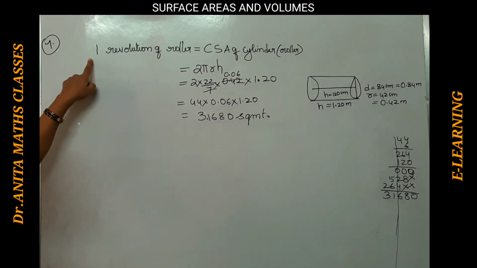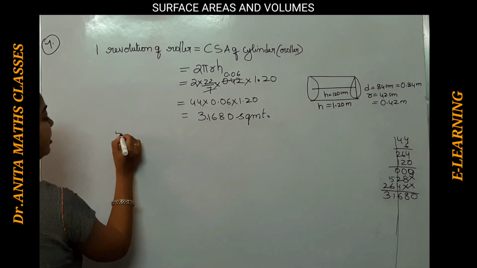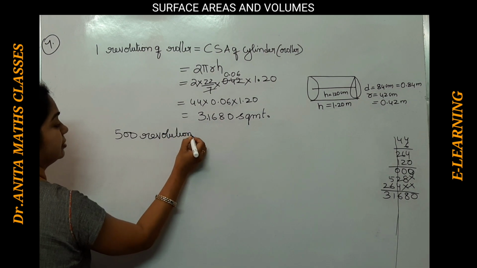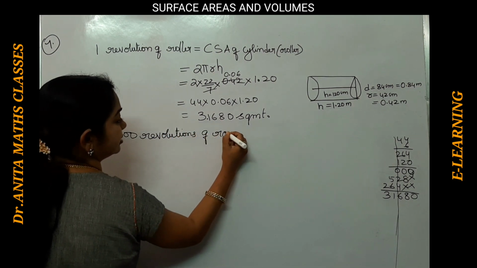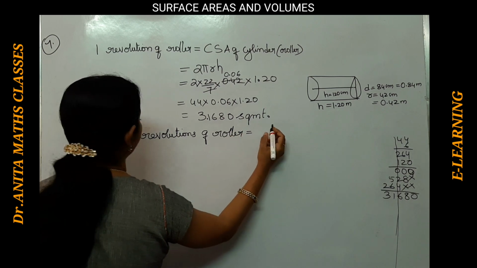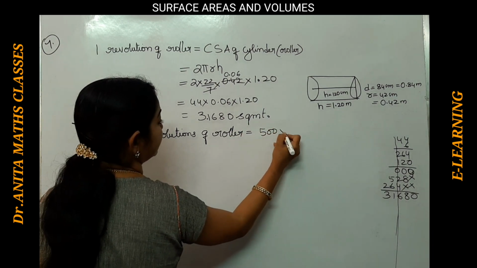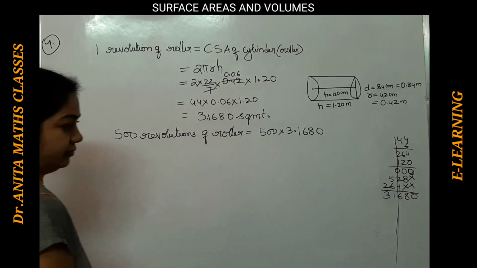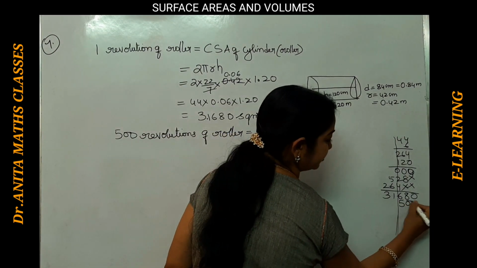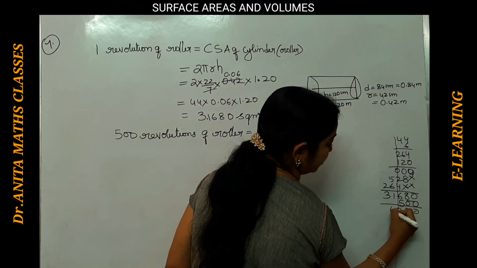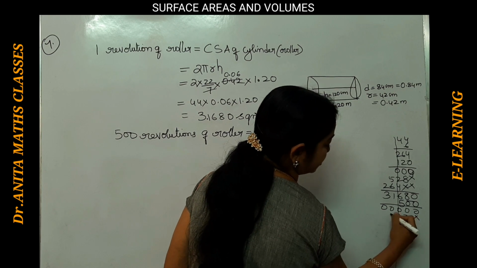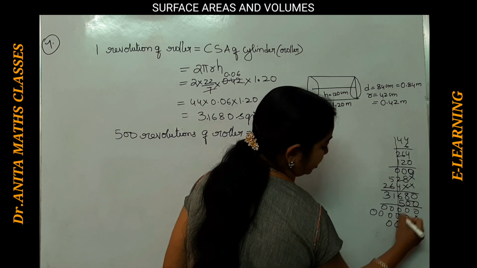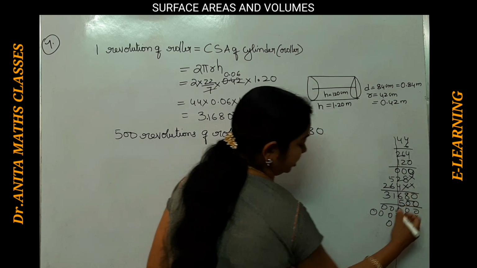Now for 1 revolution of the roller we got this. For 500 revolutions of the roller, it will cover the entire playground. So 500 into 3.1680. We multiply with 500 here.